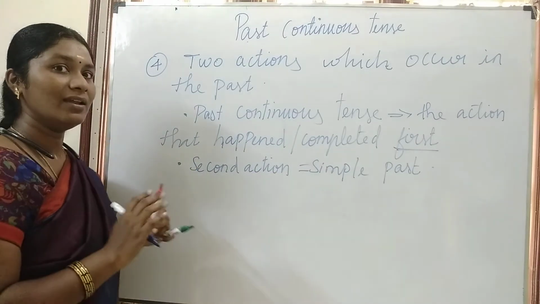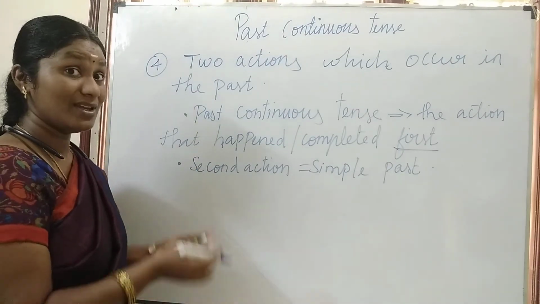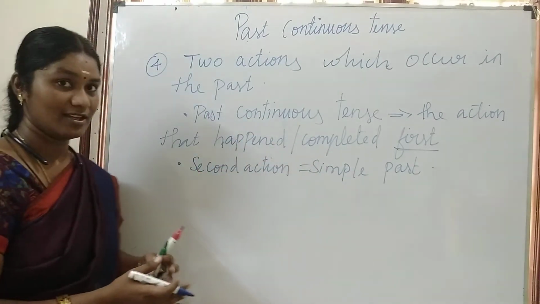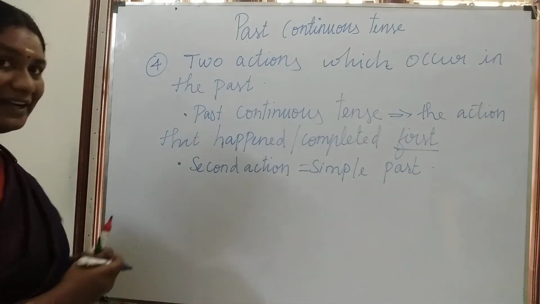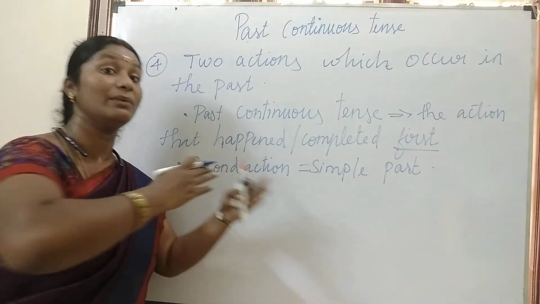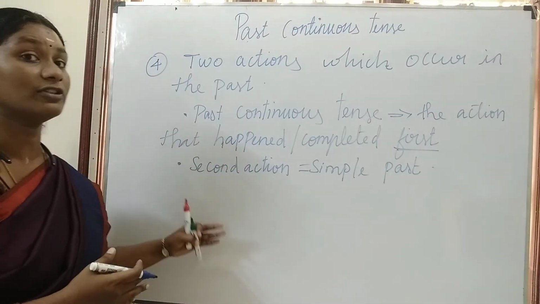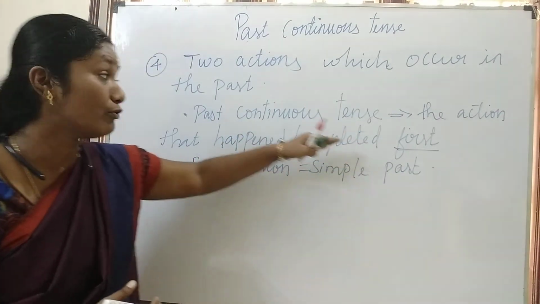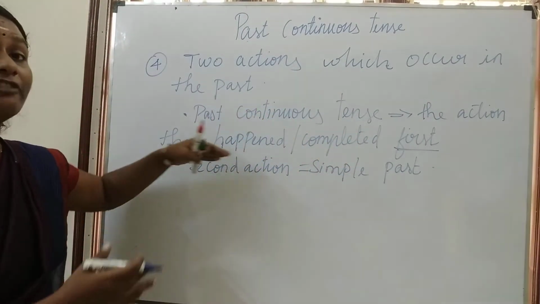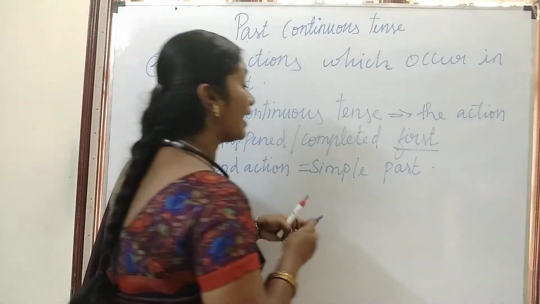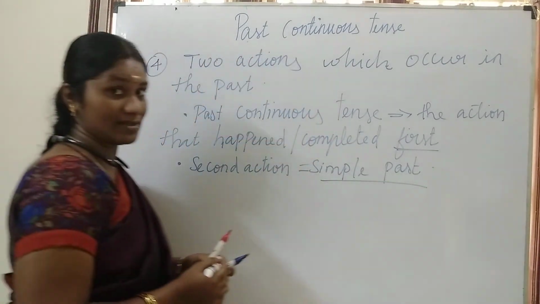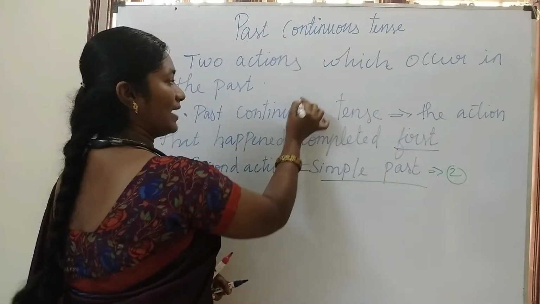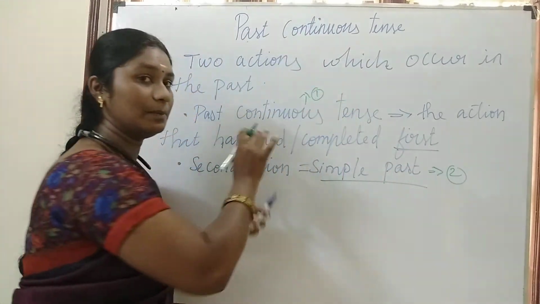But in the fourth rule, sometimes we use simple past along with past continuous tense. At that time, we have to identify which action happened first. For the first action in the sentence, we use past continuous tense, and for the second action, we use simple past.